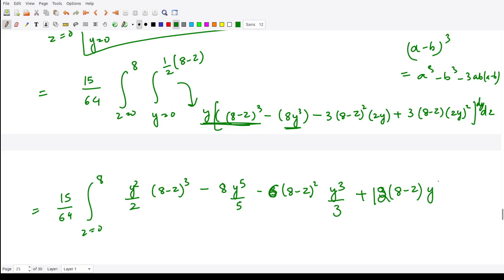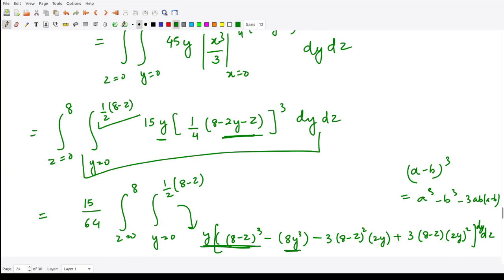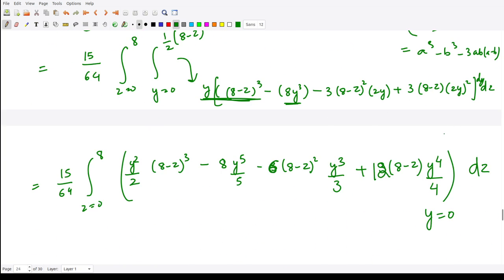Y cube integration is y to the power 4 by 4. And we have dz, and we have the limits for y varying from 0 to 1 by 2 (8 minus z).